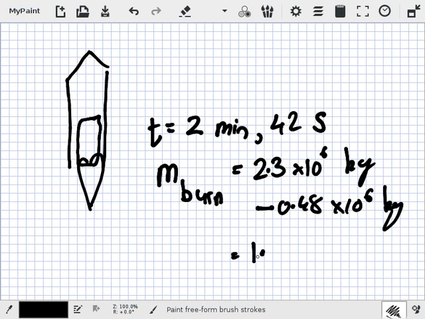What's 2.3 minus 0.48? 1.82, is it? Is that right? Okay. 1.82 times 10 to the 6 kilograms.